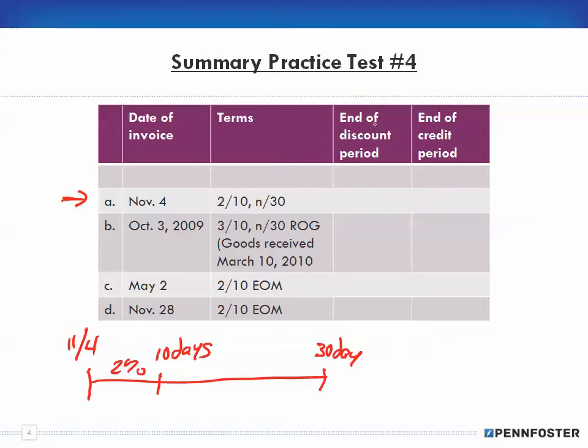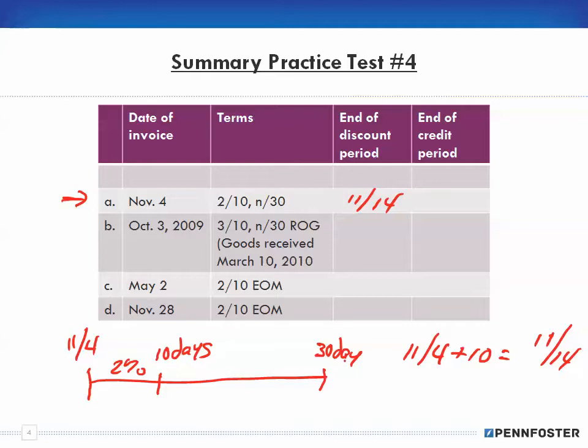Okay, so for letter A, the end of the discount period is 10 days. So if I have 11/4 and I add 10 days, that means my end of discount period is going to be November 14th, right? 11/14. And the end of the credit period, which is 30 days later, right?